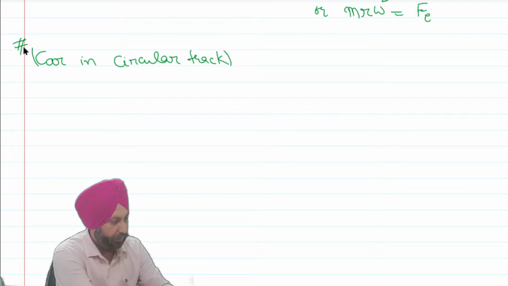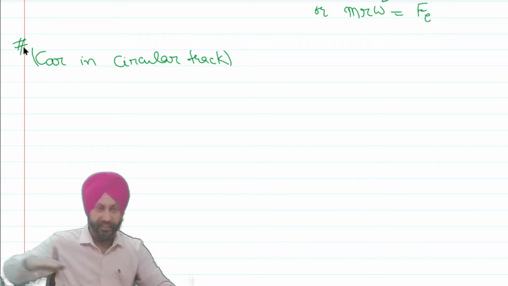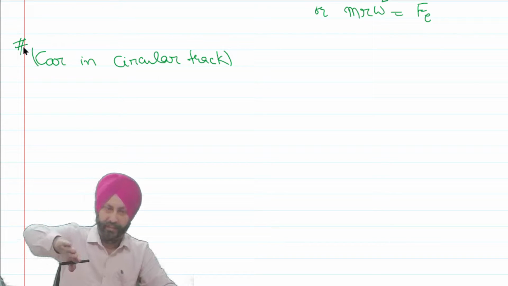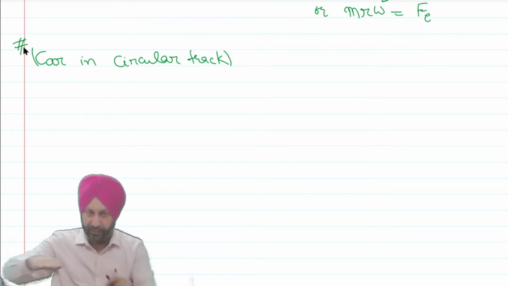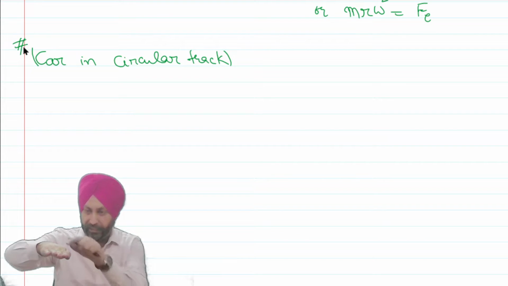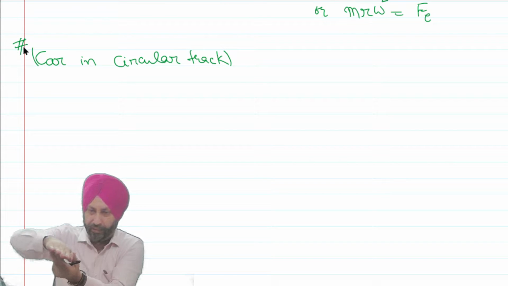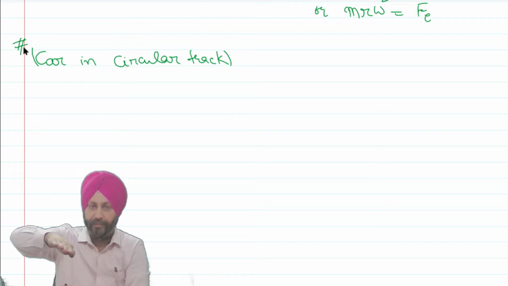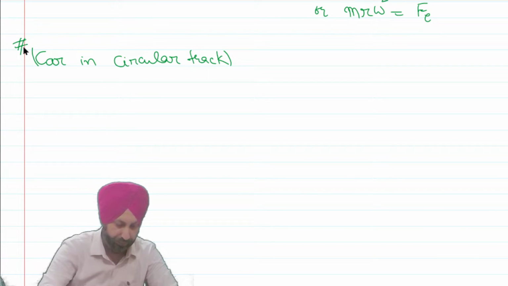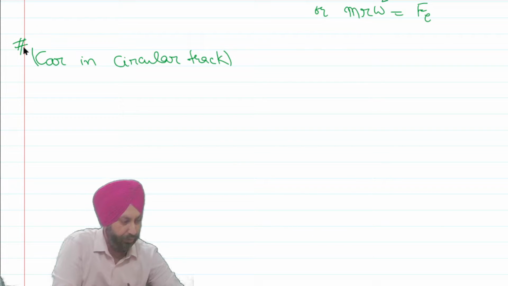There are two types of path: one is level, the other is banked. On a banked road, the circle's outer edge is raised with respect to the inner edge, so that is a banked circular track.